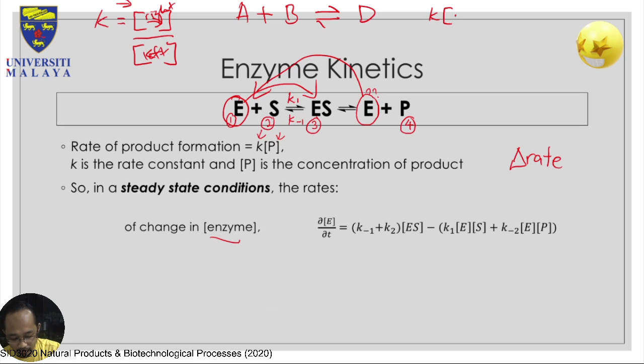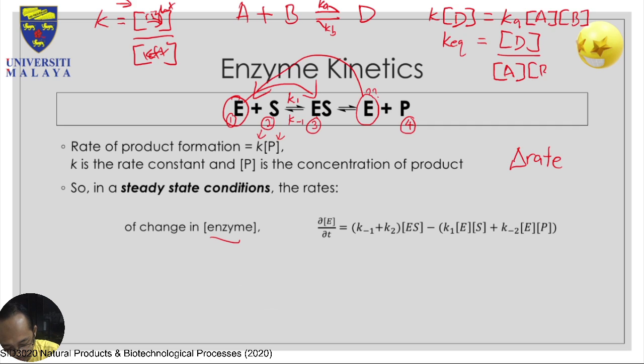So the rate for D: if you consider KA and KB, it's KA times the concentration of A and B. Or in a different way, if you want to consider the K equilibrium, KEQ is the product formation divided by the concentration of A and the concentration of B. This one is rate of formation, so it's not the equilibrium of D, so that one is wrong.